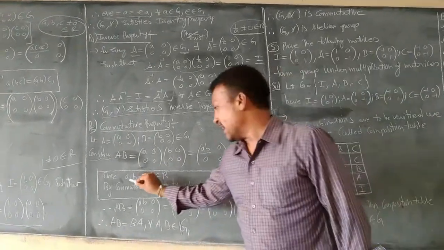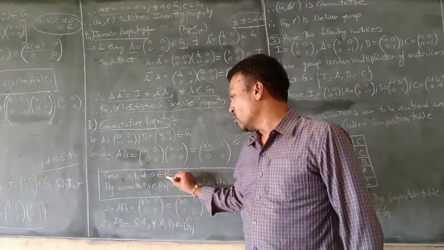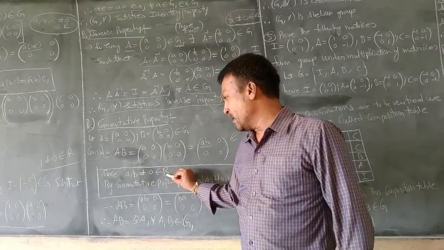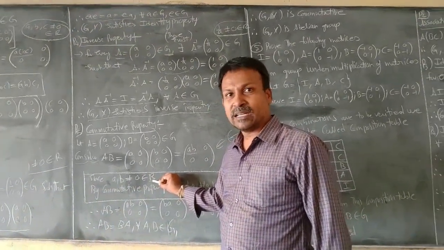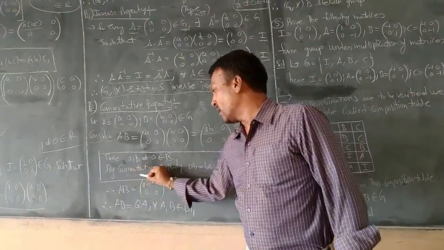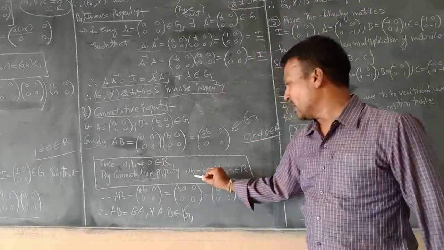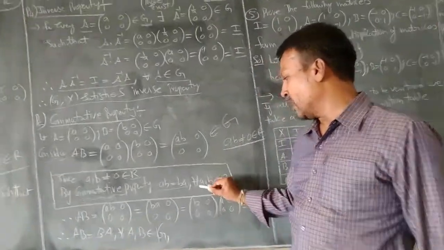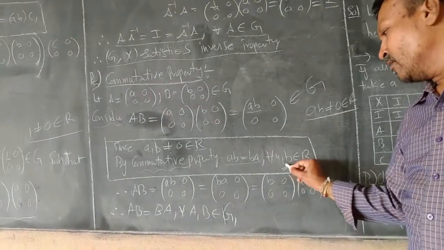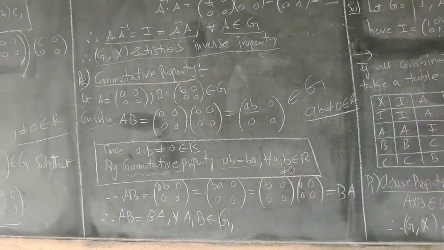Since a, b are not equal to 0 and belong to the set of real numbers R, therefore in the set of real numbers with respect to multiplication the elements satisfy the commutative property. Therefore by the commutative property this a dot b can be written as b dot a for every a, b belonging to the set of real numbers R where these two elements are not equal to 0.